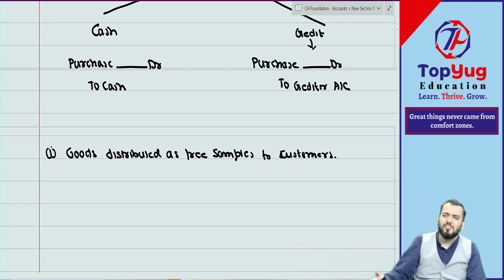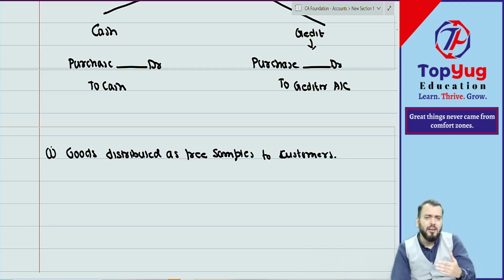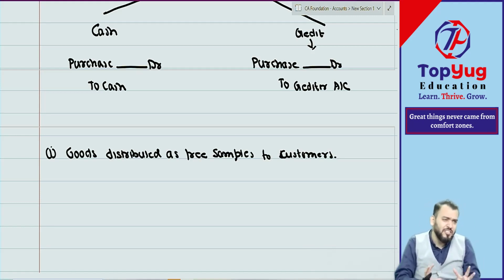Goods distributed as free samples to customers. Normally what happens, we purchase the goods but the customer will come and say we want to test the sample of that, so we give some sample free of cost. Normally it happens. So goods is decreasing, and for what purpose? For free sample. You need to open one account.